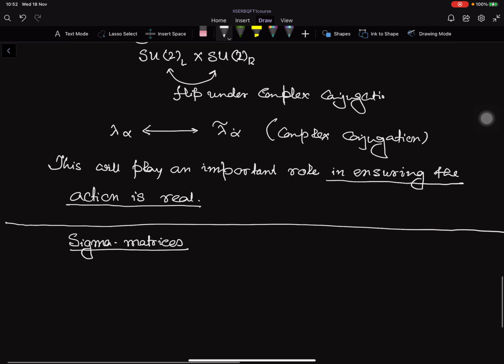So consider the product of two representations.